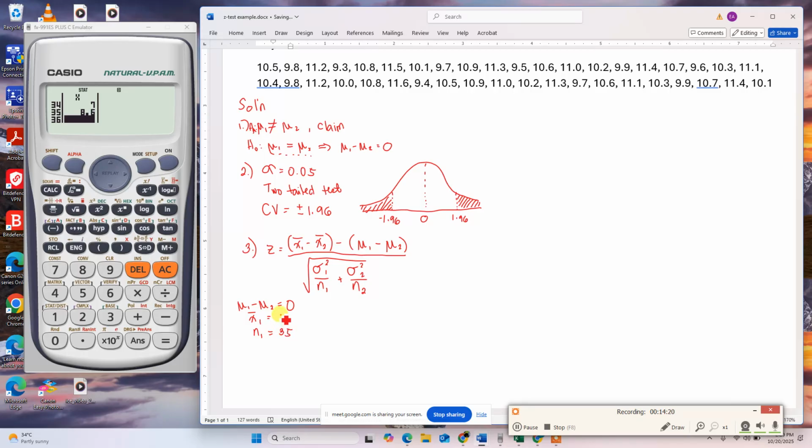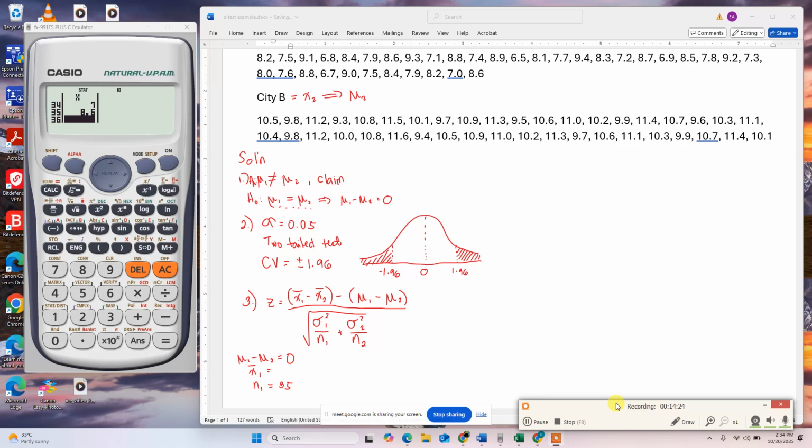Now, next step, after this one, you click AC. For this calculator, you press shift then 1 and then type 4, because that's var. Then you select the mean, so that's 2, then the equal sign.